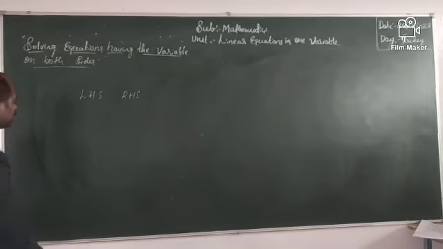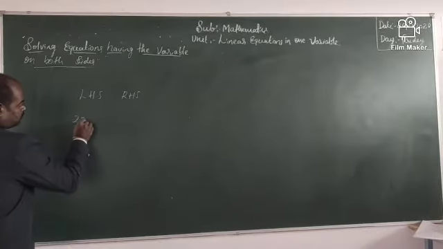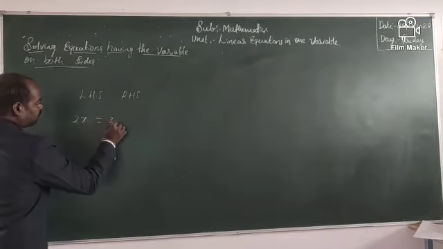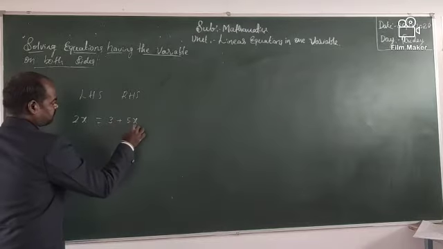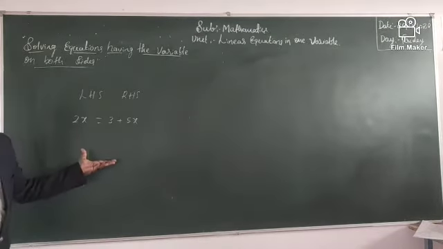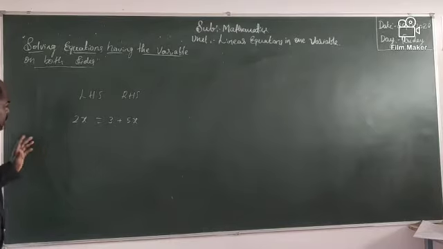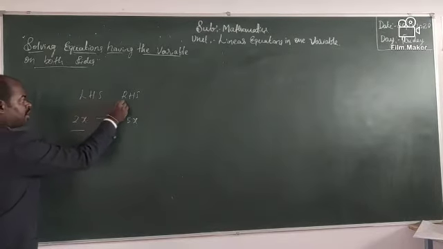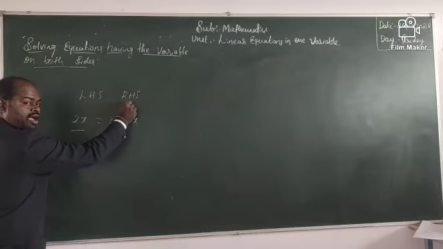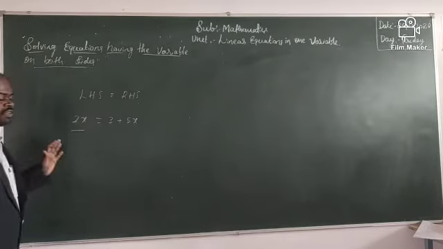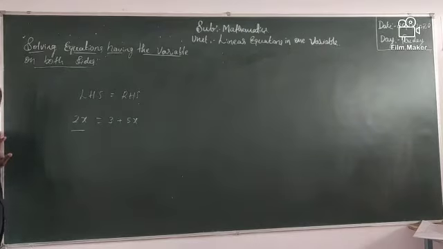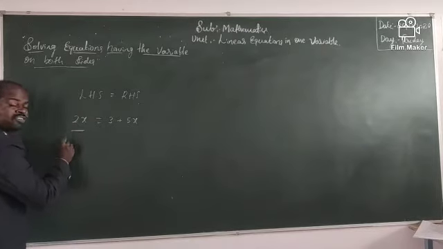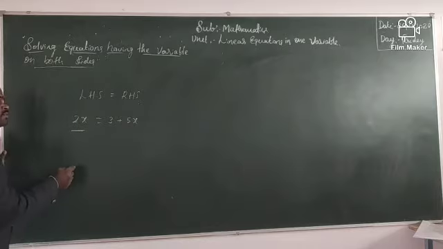For example, an equation say 2x equal to 3 plus 5x. Here LHS means left hand side, RHS means right hand side. LHS equal to RHS. Here both sides have a variable.